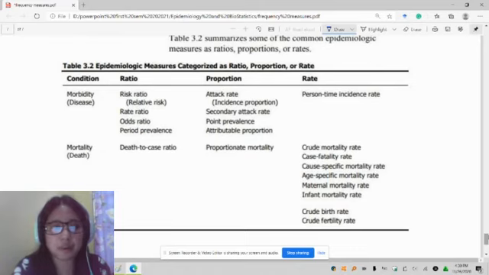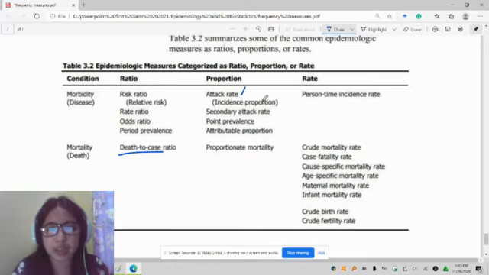However, we have risk ratio, rate ratio, odds ratio, and period prevalence for morbidity, while for mortality, we have death-to-case ratio. For proportion, we have the following: attack rate, secondary attack rate, point prevalence, attributable proportion for morbidity, while for mortality, we have the proportionate mortality.